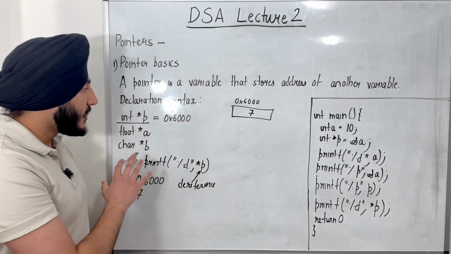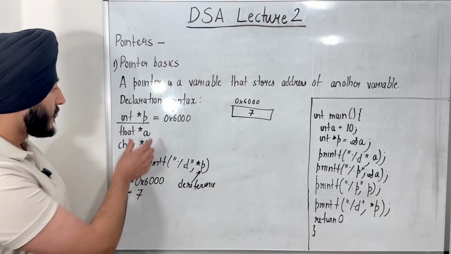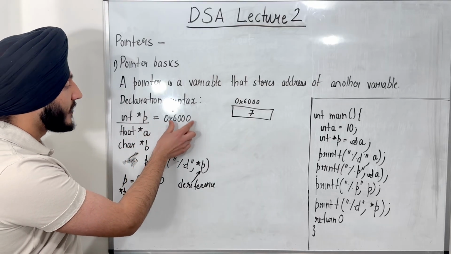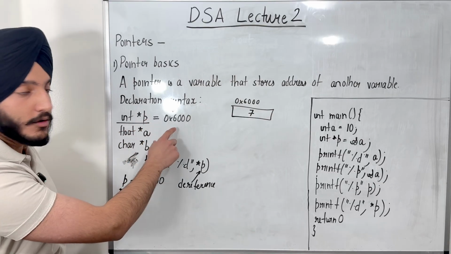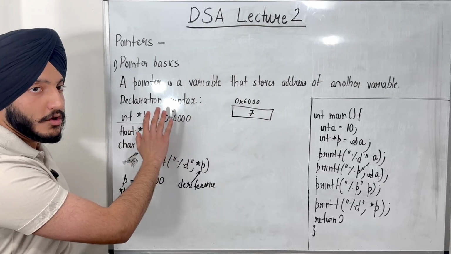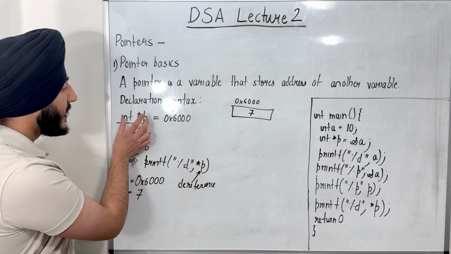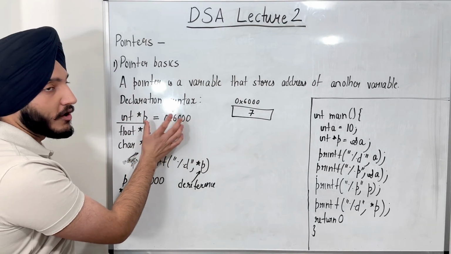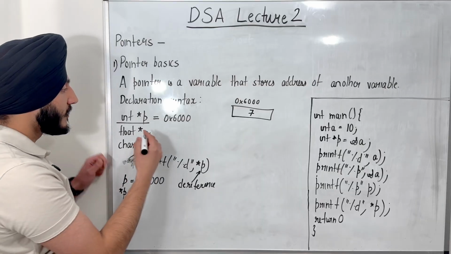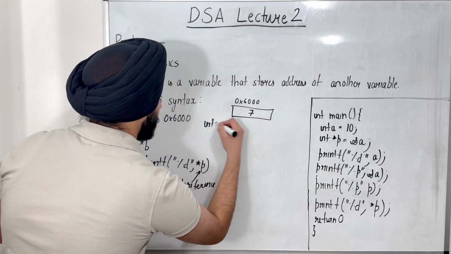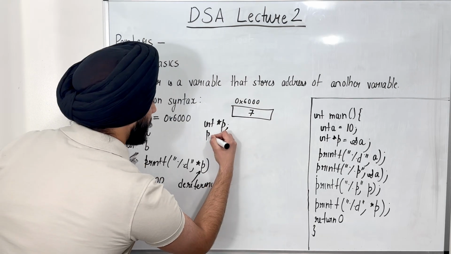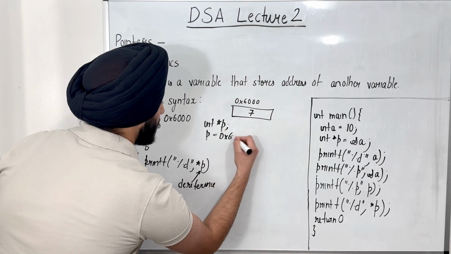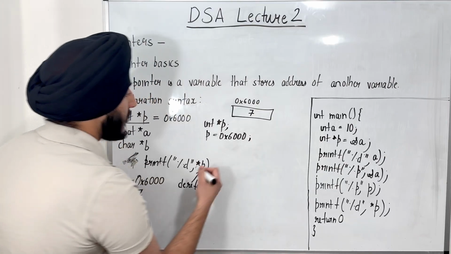So one thing that can be confusing in this case is int *p = 0x3000. You might be wondering that we set *p equal to 0x3000, but you need to understand that this is the entire declaration in one short sentence. But in reality, what's happening is we can declare it as int *p in one sentence, and then we can set p equal to 0x6000 in another, right?